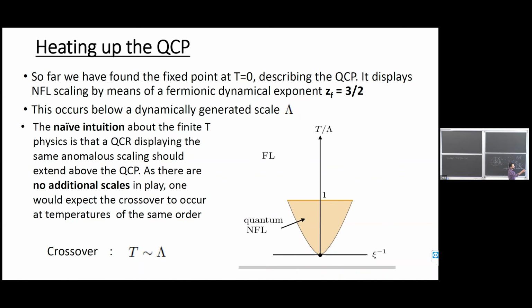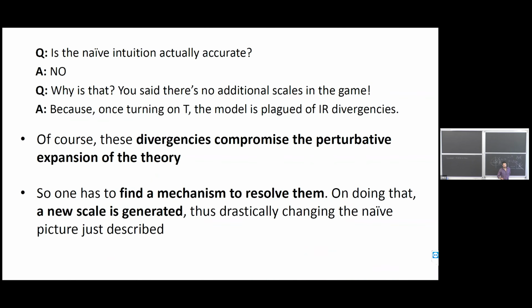And by definition, inside this region, the scaling of, for instance, the fermionic self-energy has to be dictated by the critical point at zero temperature. So this is what one expects to happen, but of course it doesn't. At first, one could say that it is a bit counterintuitive, because there's no obvious new scale.